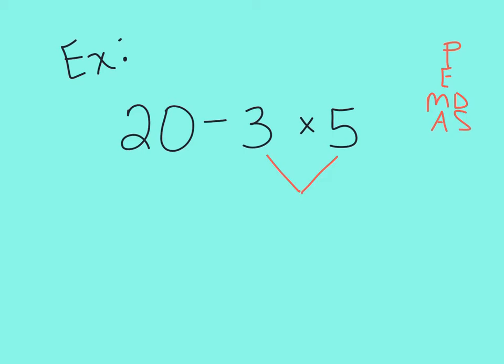So we got this 3 times 5, and that's going to give us 15. Okay, so at this moment, now I would bring down my 20, bring down my minus sign, because subtraction comes after multiplication here. So 20 minus 15 is 5. So when we evaluate that expression, this is 5.